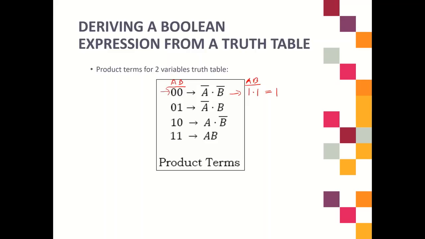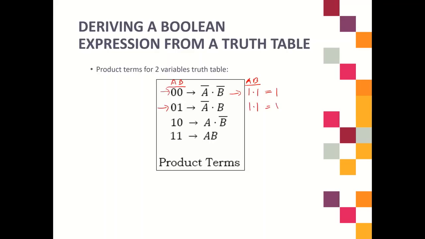For the second combination, 0 and 1, in this case you need to complement your A. When you complement your A, the value changes to 1. Your B keeps the same value because you do not complement B. So A bar AND B gives 1 AND 1, and you get 1.